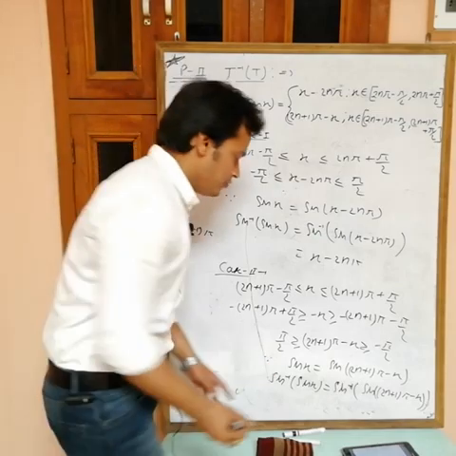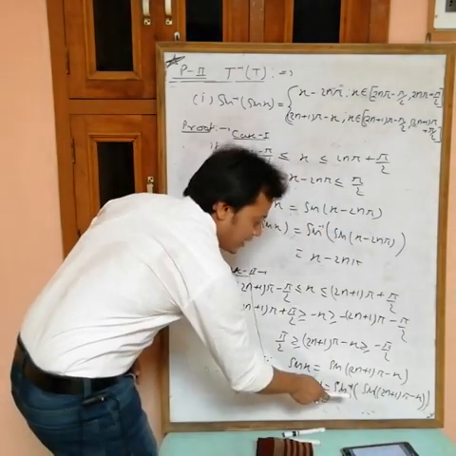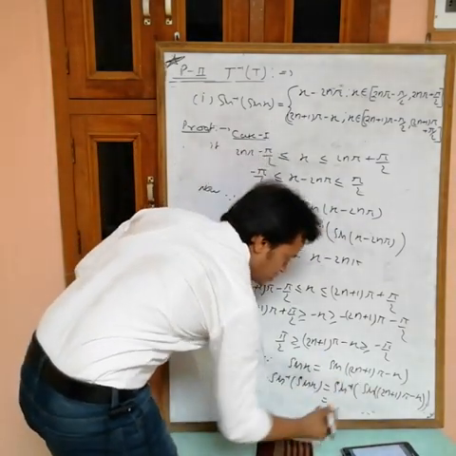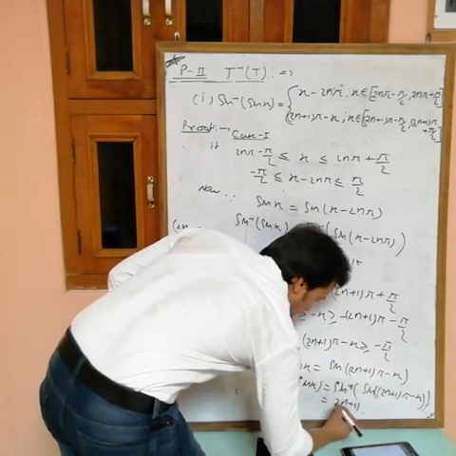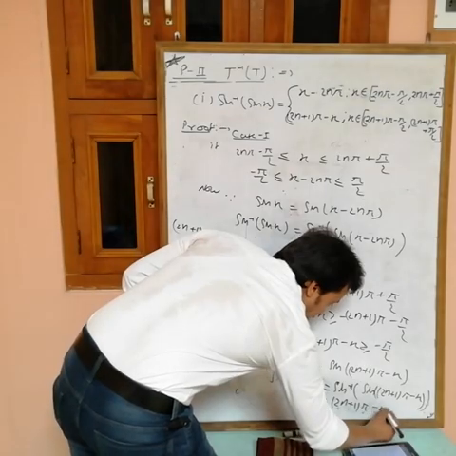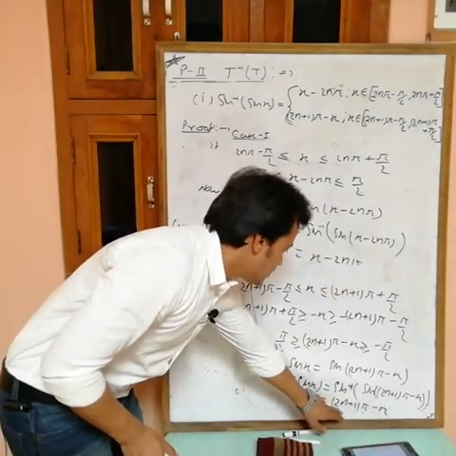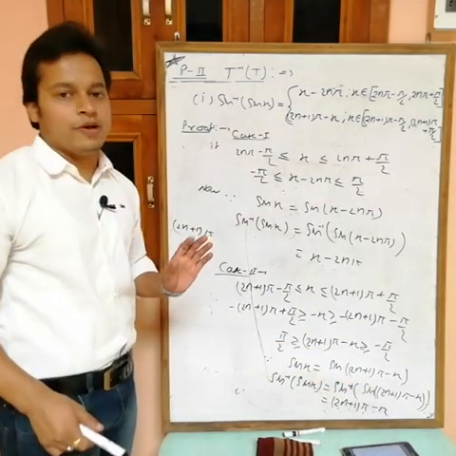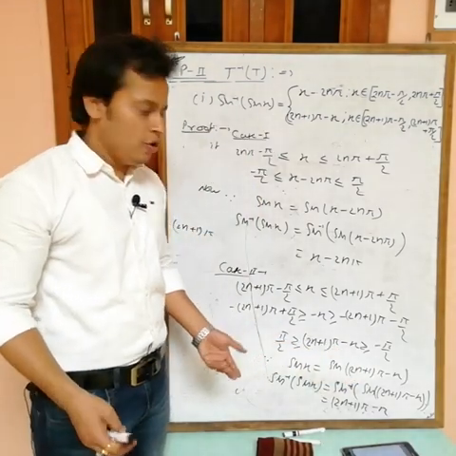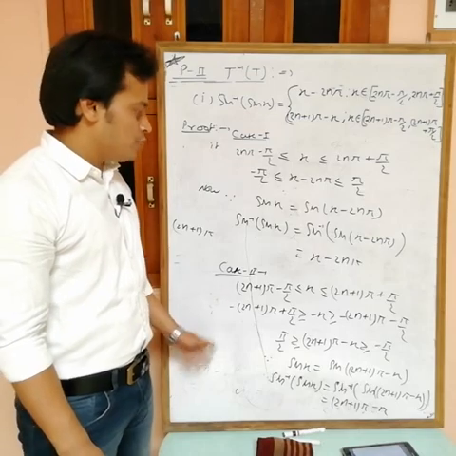So on this side we can't cancel out, but on this side I can cancel sin inverse with sine, because after cancellation we are getting (2n plus 1) pi minus x, and this is in the range of minus pi by 2 to plus pi by 2. It means in the range of sine inverse. Okay, so hence proved both parts.